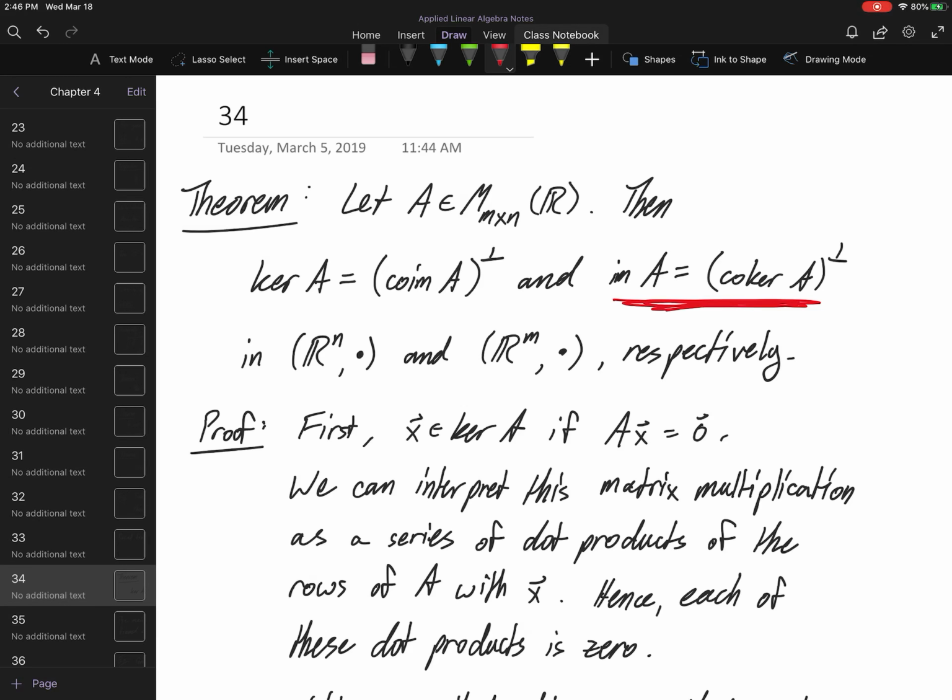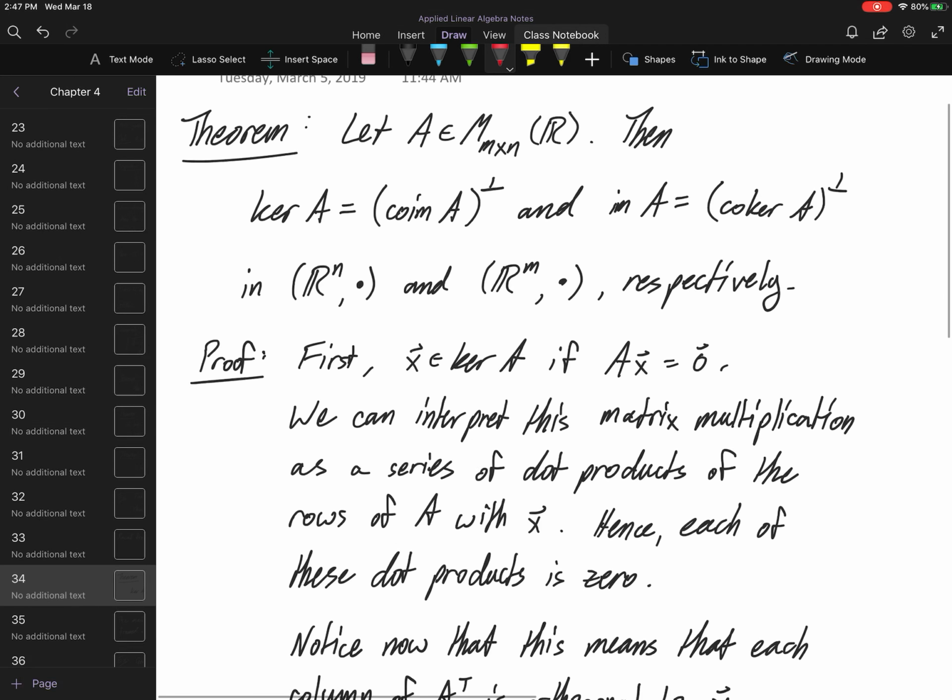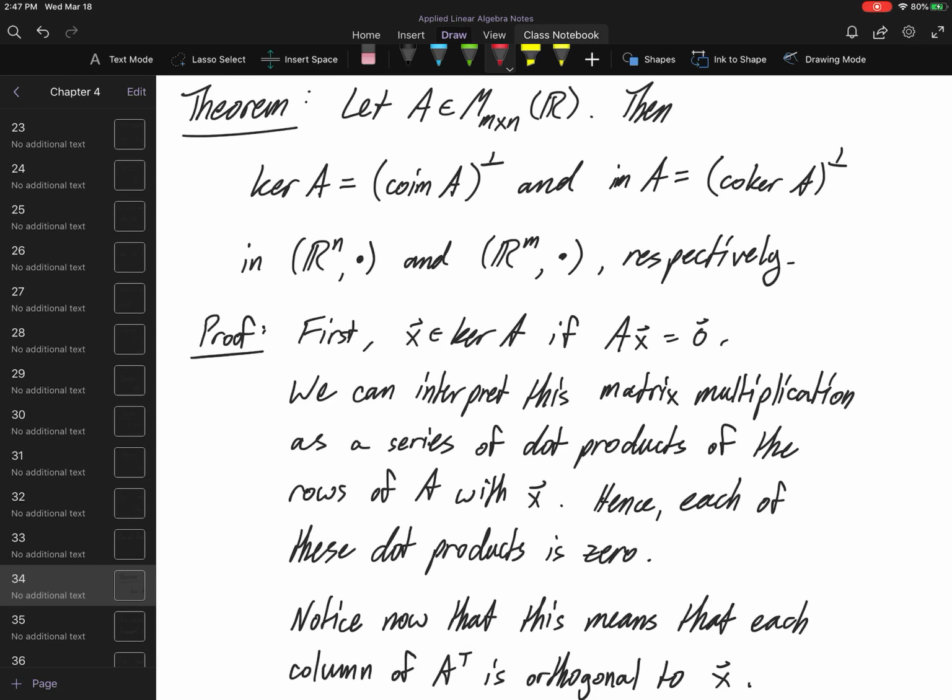Computing orthogonality is much quicker than actually solving a system and then realizing it doesn't have a solution, or row reducing and finding there's no solution. So we're going to buzz through the theorem, the proof, very qualitatively, but it is in your textbook. You can consult it at a much more leisurely pace if you'd like.